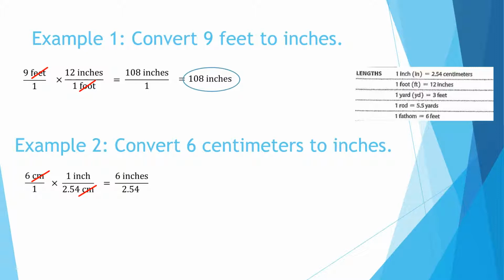The last thing you need to do is just plug this in your calculator. 6 divided by 2.54 is 2.36 inches. So 6 centimeters is the same thing as 2.36 inches. And I've rounded to 2 decimal places here. You could continue on to 3 or 4 decimal places if you wanted to.